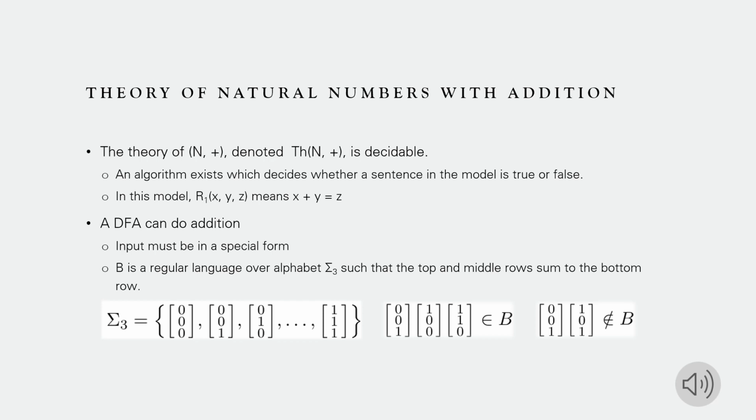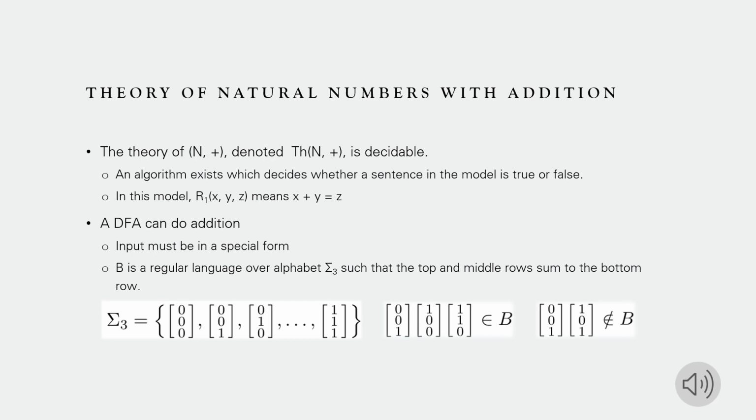For example, in the second picture, we see the first row is 0, 1, 1, and the second row is 0, 0, 1, which equals 1, 0, 0. Thus, we can say this belongs to B.